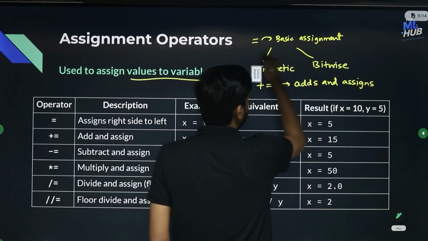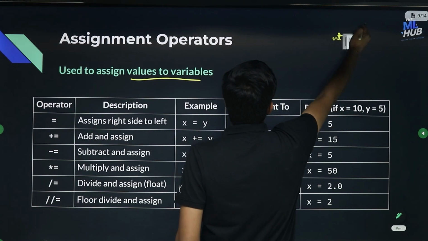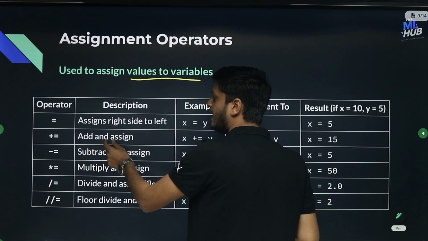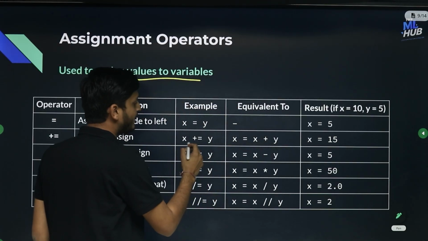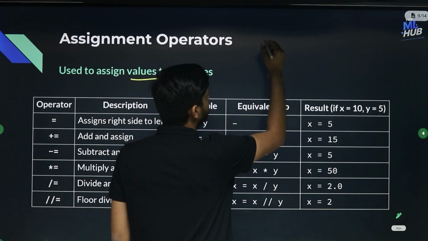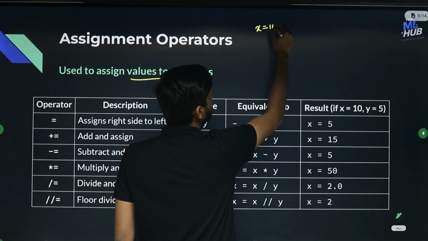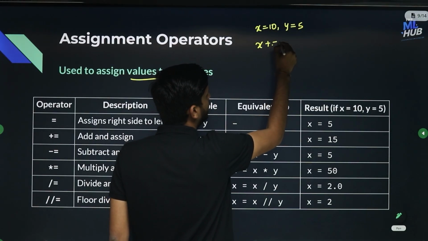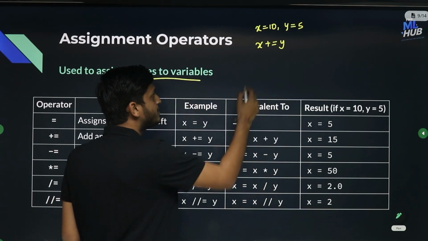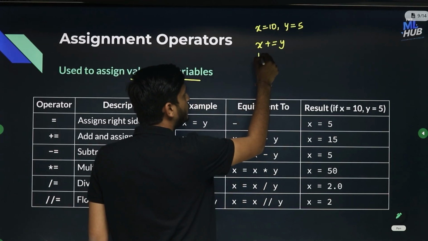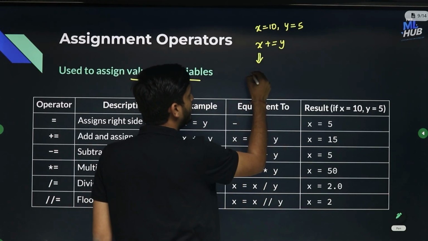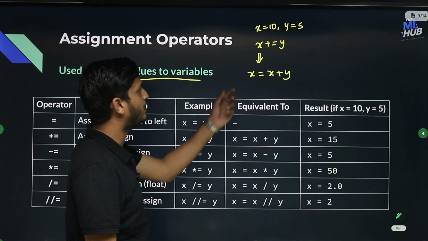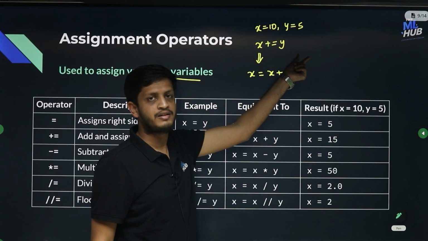So let us see how it works. So what do we have here? Plus equal to. Next operator is plus equal to. What it does? Add and assign. So if I write x plus equal to y, again let's look at the same example. Initially x was 10 and y was 5. And if I write x plus equal to y, what will it do? X plus equal to y is equivalent to writing x equal to x plus y. So it also has two operands, x and y, right?